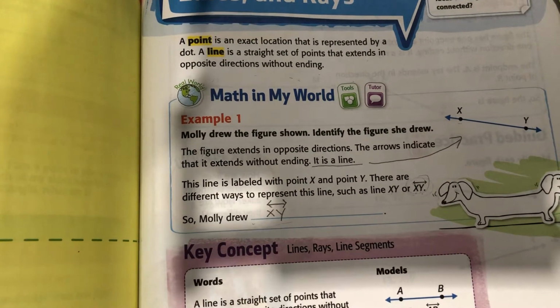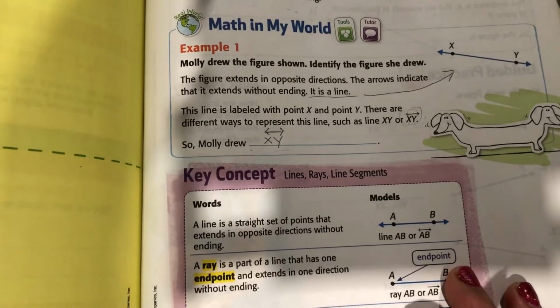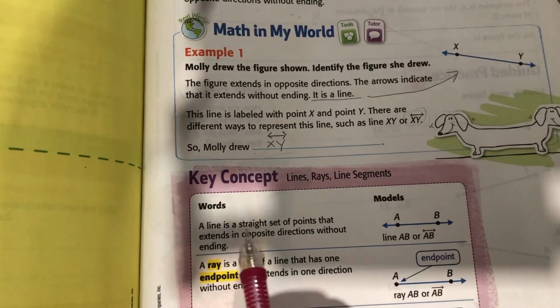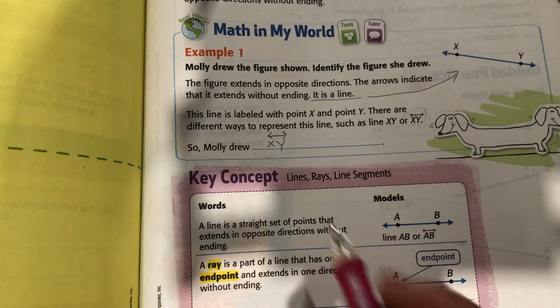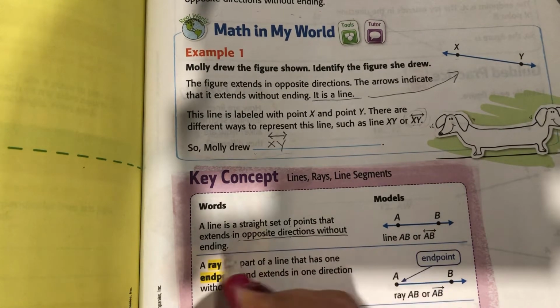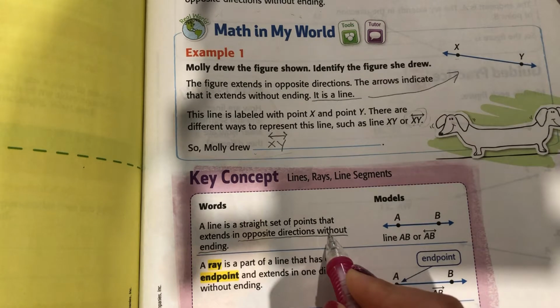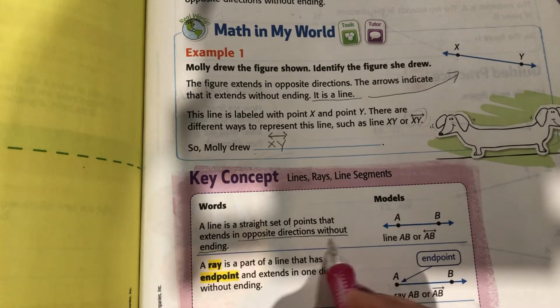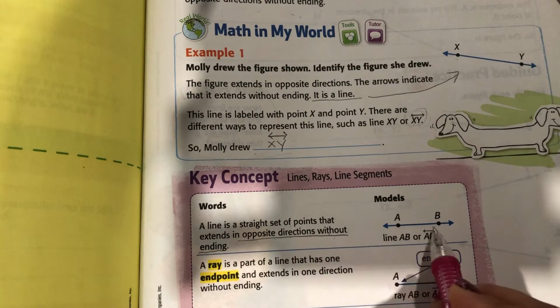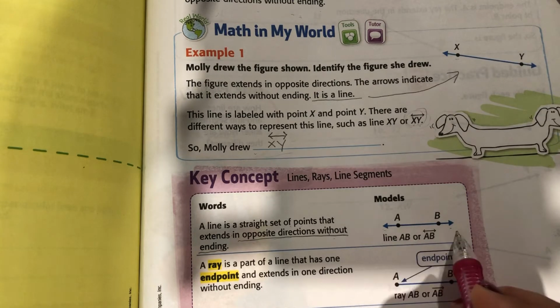All right, so let's take a look at the key concepts. A line is a straight set of points that extends in opposite directions without ending. So when we say line, the true meaning of line in math language is it has no ending. That's why you have these arrowheads here, okay?